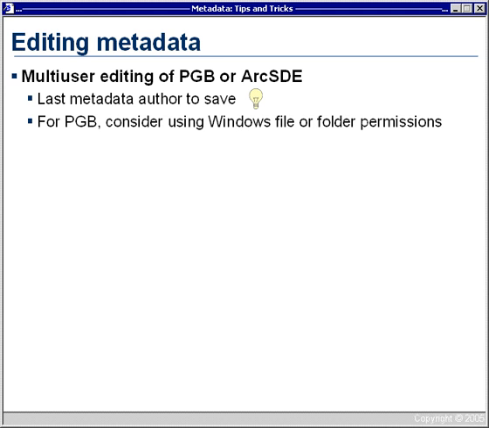If multiple users are editing the metadata in the same dataset, only the metadata author who saves last will find that his metadata has been saved. When you're editing the personal geodatabase, consider using Windows permissions to manage who can edit your geodatabase metadata.